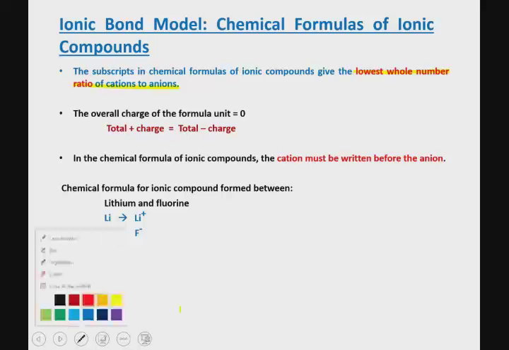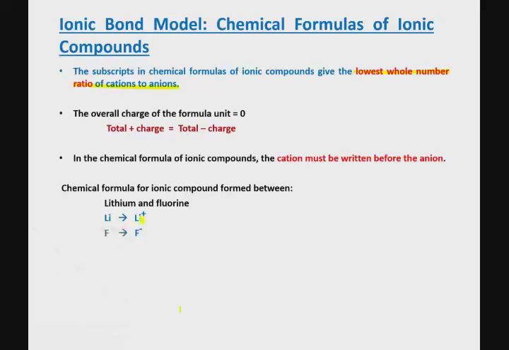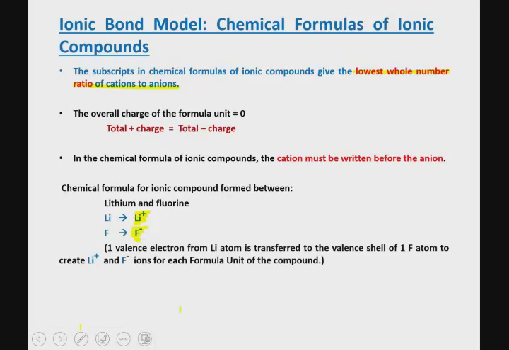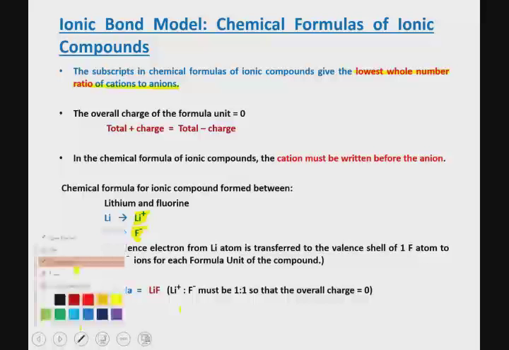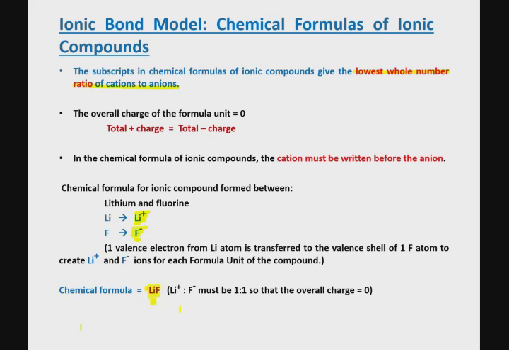Now when these ions come together, when the lithium +1 cation and the fluorine -1 anion come together, they make a formula unit, a compound that has the chemical formula LiF. In other words, we will need only one Li+ cation to cancel out the charge from one fluorine anion.